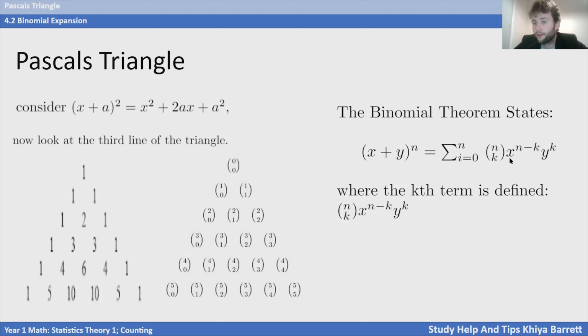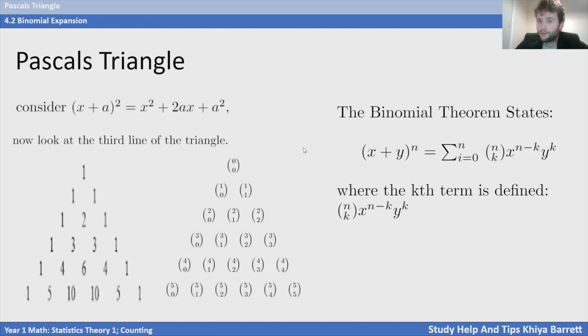All right. And y is 0. So we've got x squared. Okay, how about k equals 1? So then we've got x raised to 2 take 1, so that's x, multiplied by a. So we've got 2 choose 1 here. Oh, that's 2. So we get 2ax.